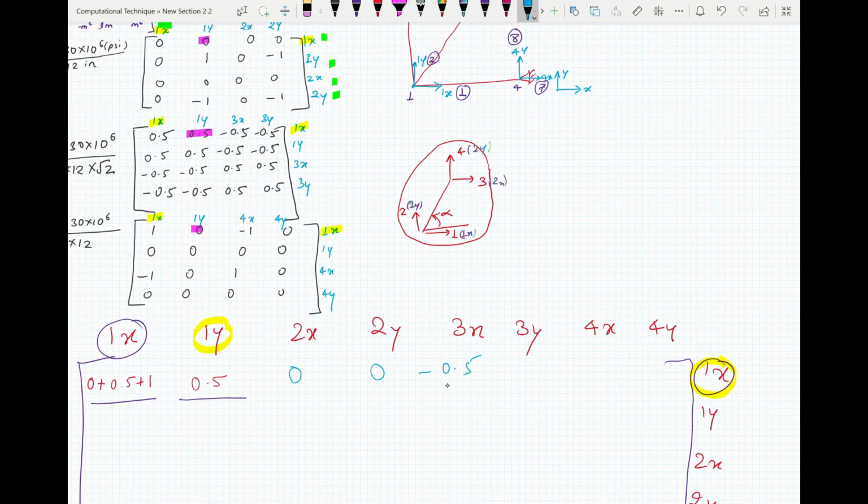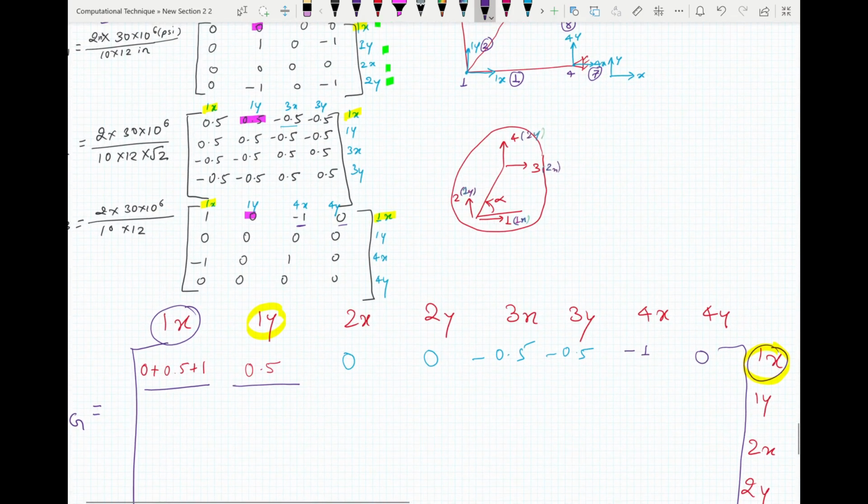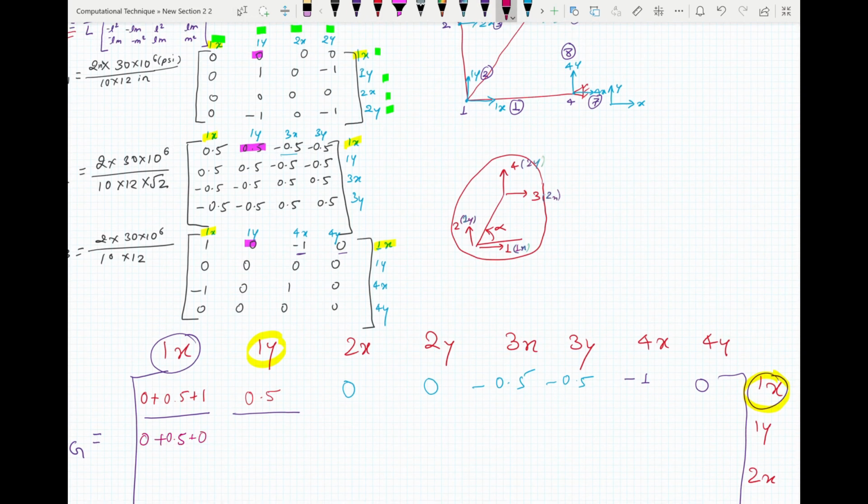For 3x, you can see that this is minus 0.5, 3y minus 0.5, and this one as -1, and this one as 0. Now let's look at the second row. I just made a mistake because we have this as common here, this as common here, and this as common here.